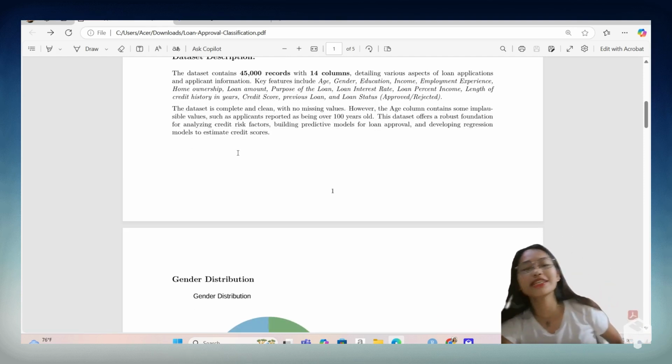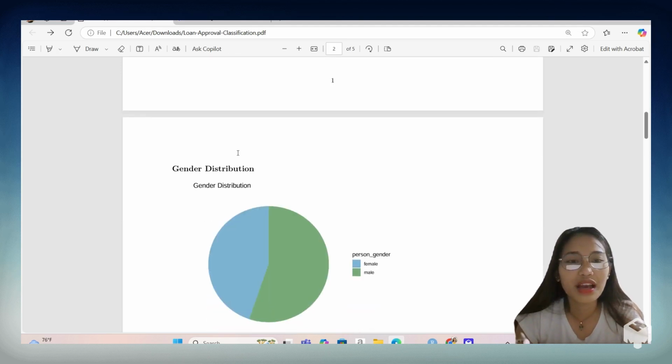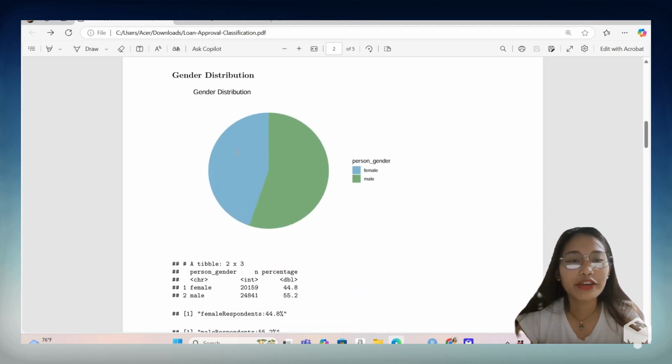So here, the first thing that I've done is the gender distribution. I have used a pie chart to show the distribution of gender. It's either female or male, so we only have two genders, which is specified in the dataset.